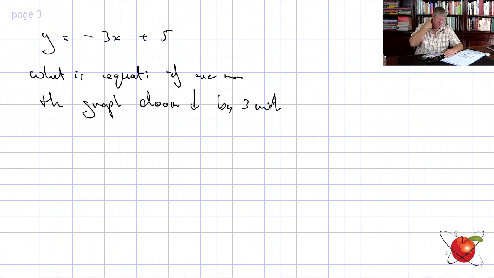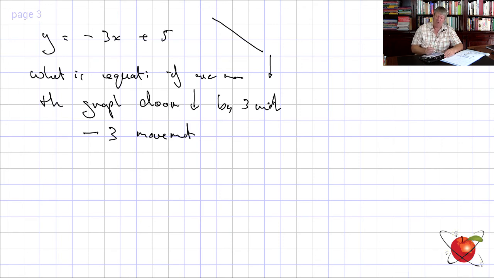What are we doing? We're saying that we've got a graph there and it's -3x, so it slopes that way. We are moving it down. Therefore, that means we've got a minus 3 movement.